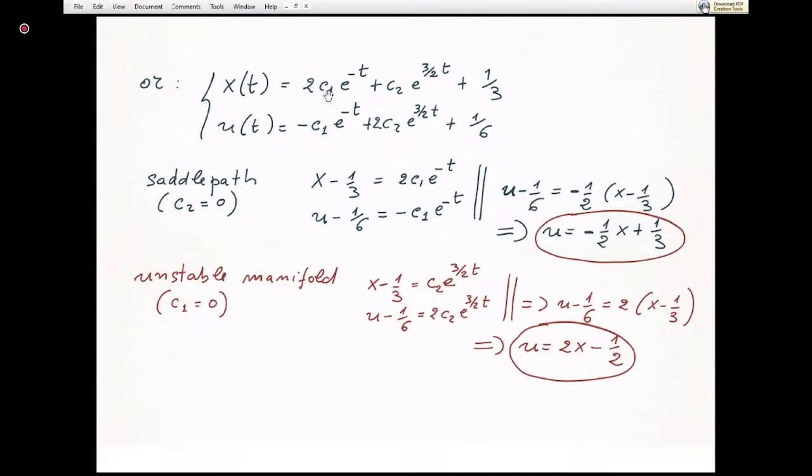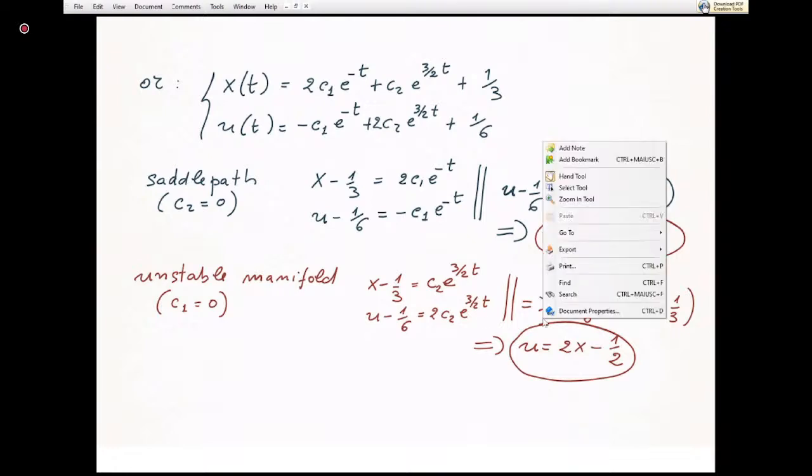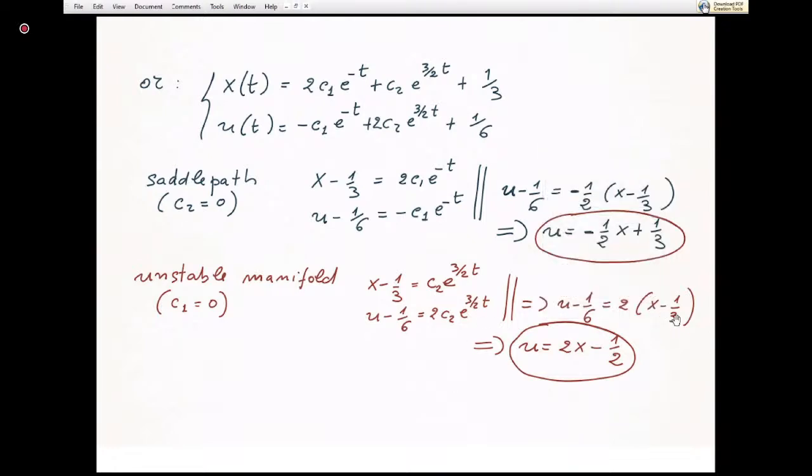So if we set C1 equal to 0, we get x minus 1/3 is equal to C2 exponential 3/2 t, and u minus 1/6 is equal to 2 C2 exponential 3/2 t, and of course we get that u minus 1/6 is equal to twice x minus 1/3. So this is the unstable path. And the next step is to represent both of them in the plane.